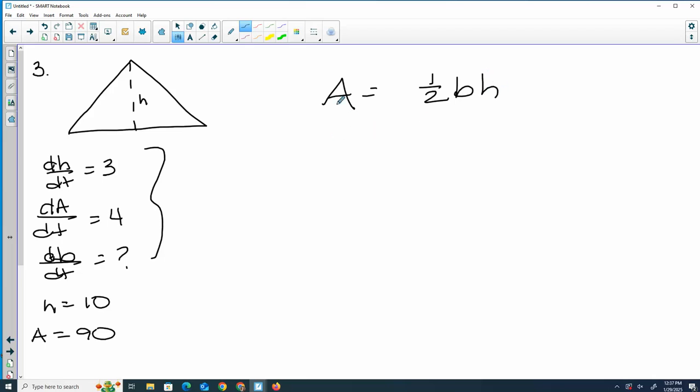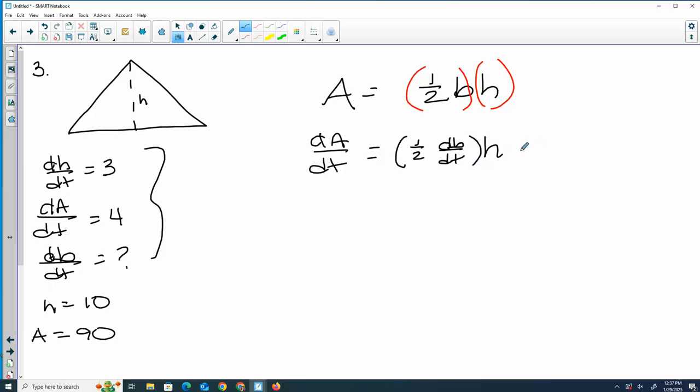If you do this derivative, keep in mind b and h are both variables. So the derivative of A is dA/dt. But if I'm taking a derivative of 2 variables being multiplied together, what do we have to do? Product rule. So derivative of the first, 1/2 dB/dt, times the second, plus the first, 1/2 b, times the derivative of the second, derivative of h.